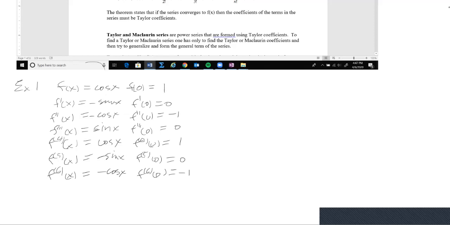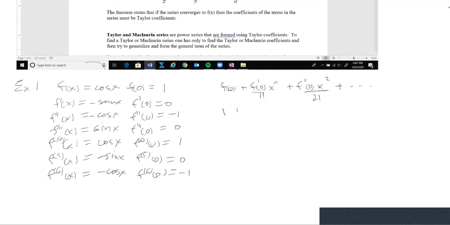We'll start off with, in general, f of 0 plus f prime of 0 over 1 factorial, x to the 1, f double prime of 0 over 2 factorial with an x squared, and so forth. So what we get, we'll put in our numbers here, we'll have a 1. Skip this one, it's a 0.